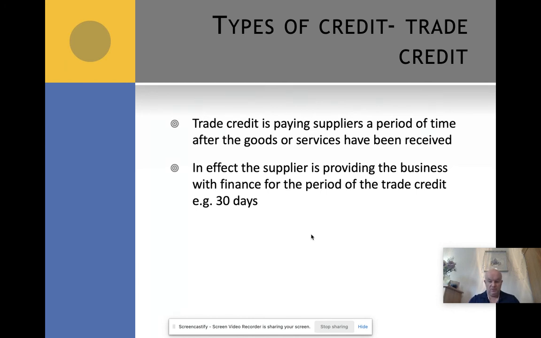A supplier might be providing a business with finance for a period of say 30 days. That would mean that, if we take the spectacles example, I might take delivery of my £1,000 worth of spectacle frames, but I don't actually have to pay for those goods until 30 days after I've received the goods. Now that means that if I'm managing my business well, I might be able to sell some of those spectacle frames prior to the 30 days and hopefully be in a position where I've made a profit as well.